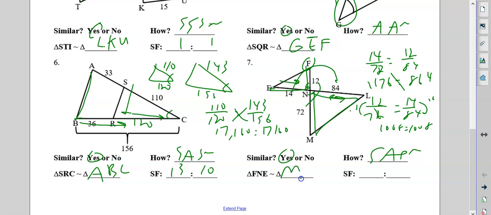So MNL. And like I said, it's a 6 to 1 or a 1 to 6 ratio, depending on which direction you're going, getting bigger or getting smaller.